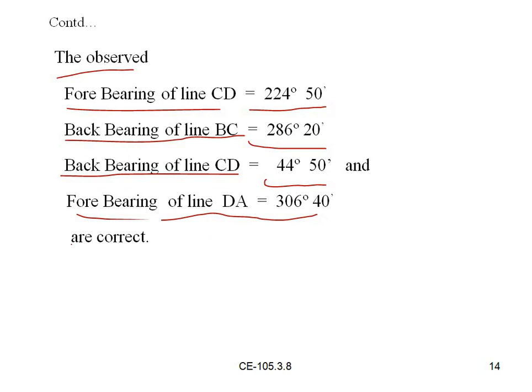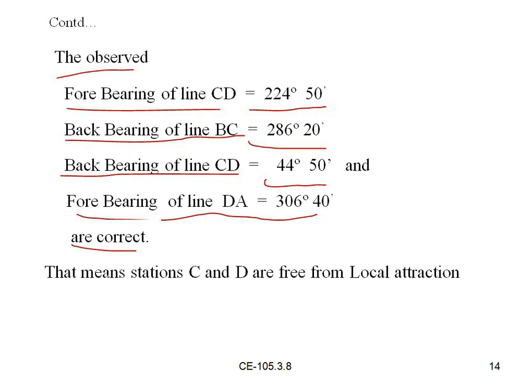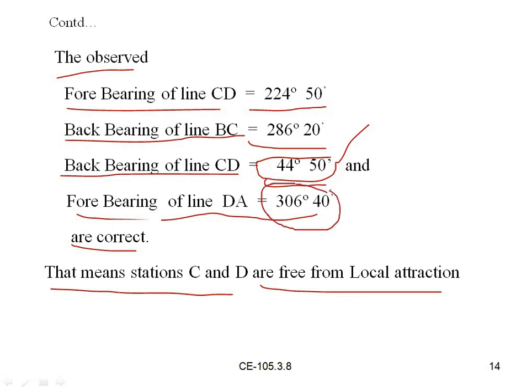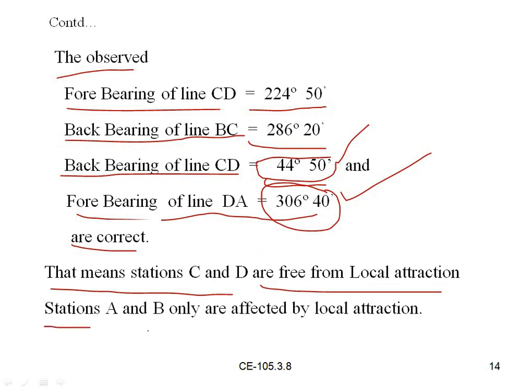So that means stations C and D are free from local attraction. So stations A and B only are affected by local attraction.